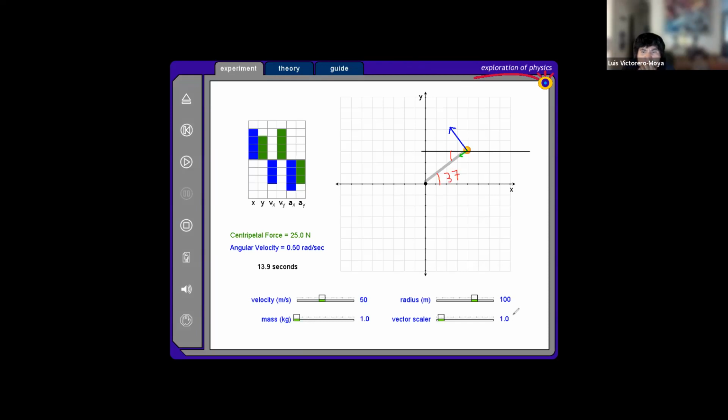And I'm sure it's that because I changed the vector scale, right? The scale. So this is the same. Now, the radius of the circle, which is alongside the centripetal force or centripetal acceleration, is perpendicular to any tangent, perpendicular to a tangential speed. So this is 53 degrees.